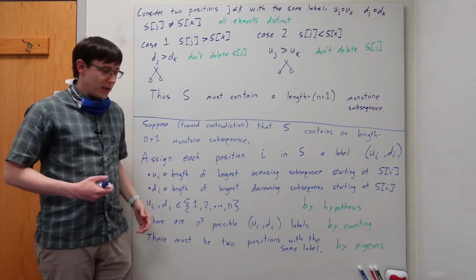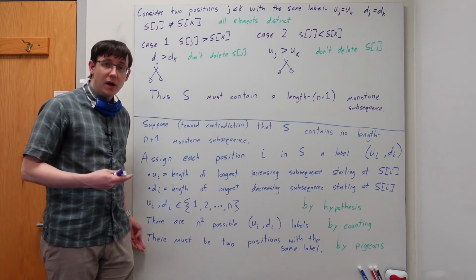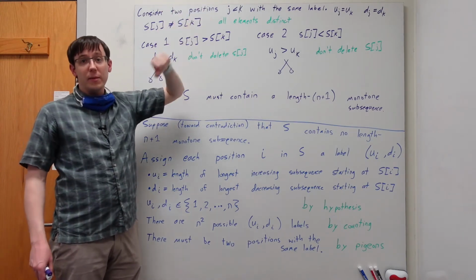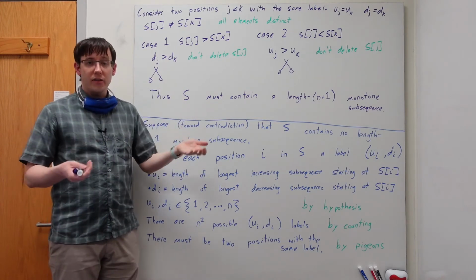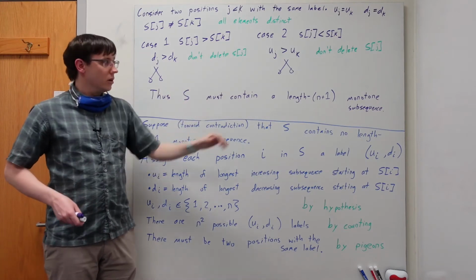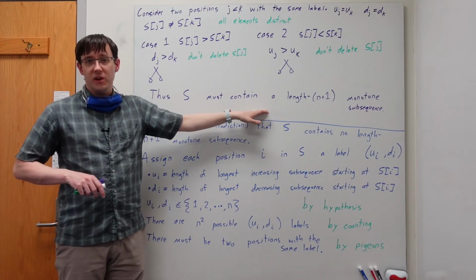So here, the pigeonhole principle helped us in establishing our contradiction by showing that there must be elements with the same label if we have enough elements, and therefore that when we label everything, we must find a label that indicates a long enough monotone subsequence.